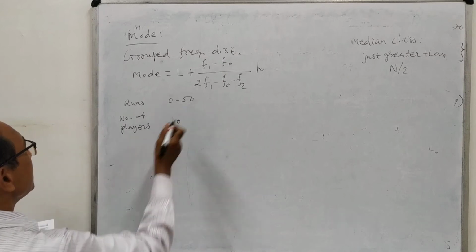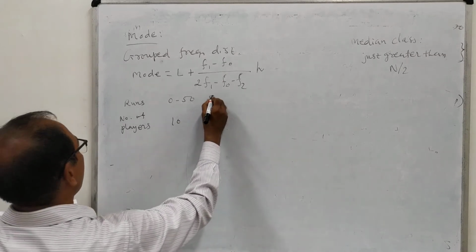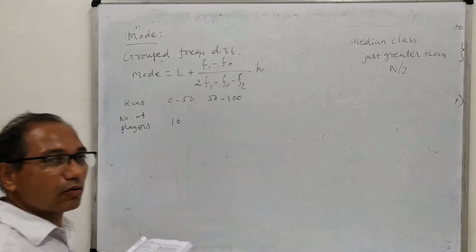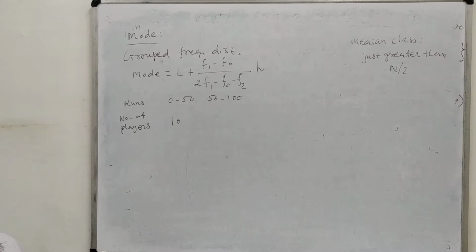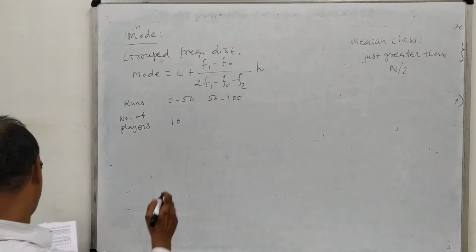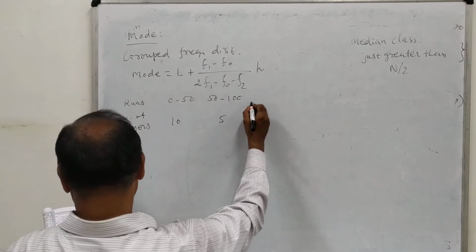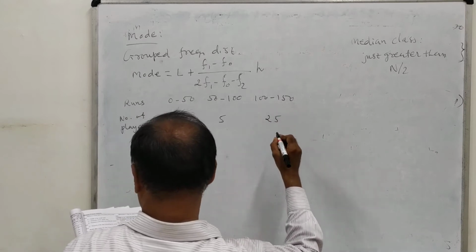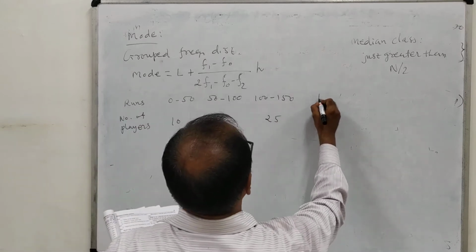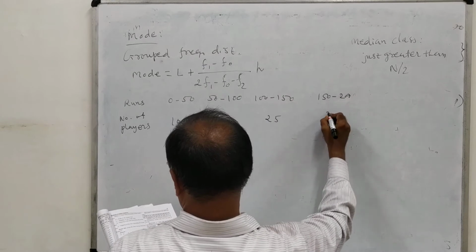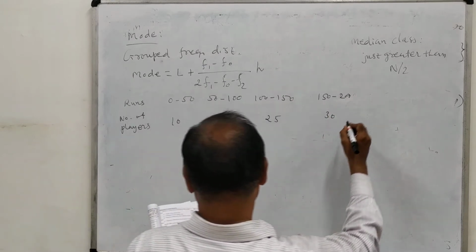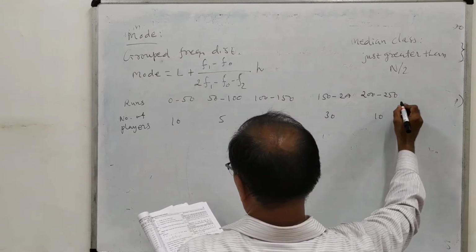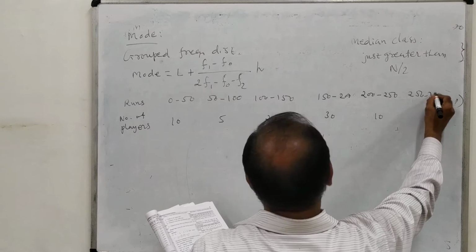10 who scores between 0 to 15. 50 to 100. Total in a tournament of 3 matches or 5 matches, the 5 players scores between 50 to 100. 25 scores from 100 to 150. 30 players scores from this one, then 200 to 250, 10, 250 to 300.